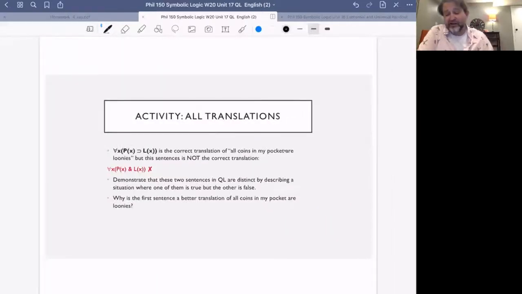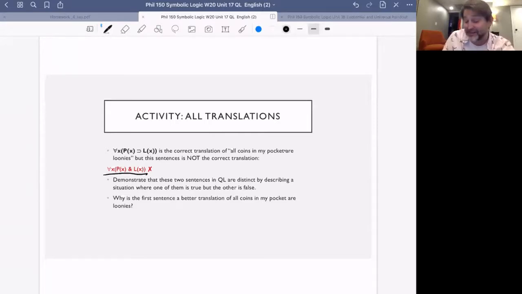Now notice, you might have thought that something like this is the correct way to translate that sentence. So maybe you thought that the way we should translate this is for all x, Px and Lx. But in fact, this is incorrect. So what does this actually mean? For all x, they are Px and Lx.